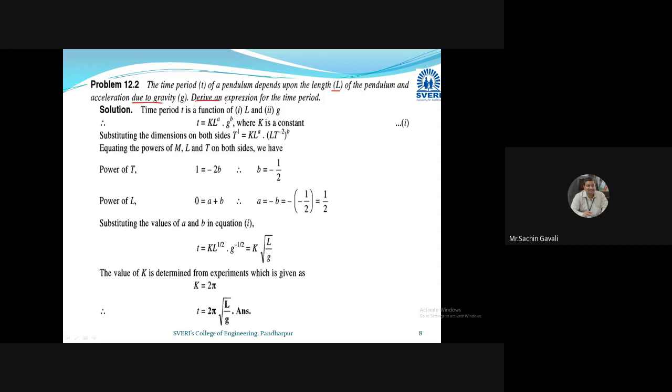So write down the numerical. I will go to a different slide instead of writing like this, so I will solve with you. Time period T of a pendulum depends on the length of the pendulum and acceleration due to gravity G. Derive an expression for the time period.